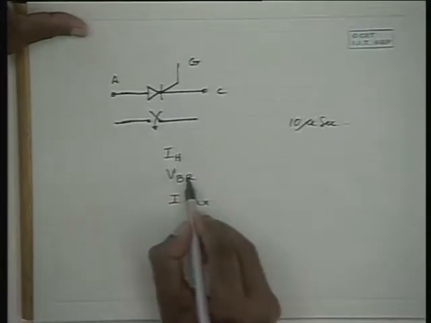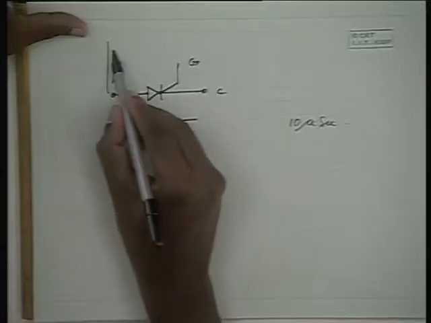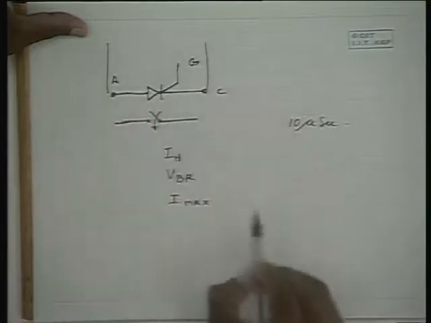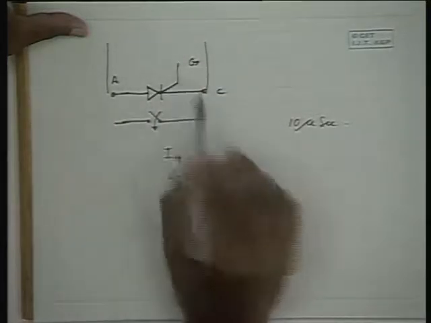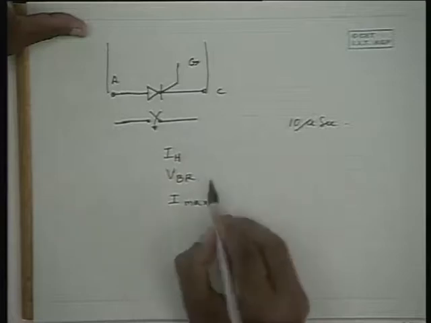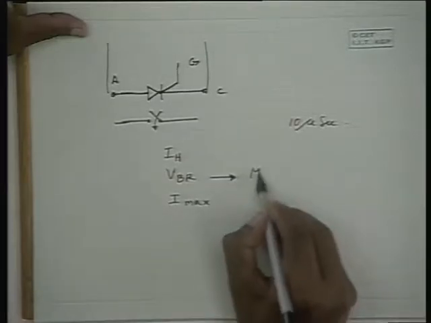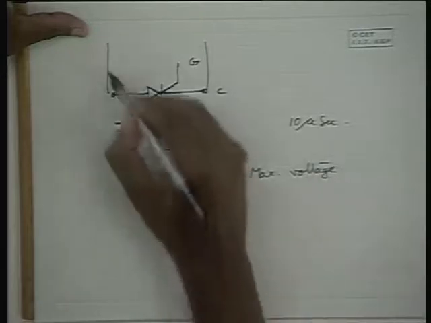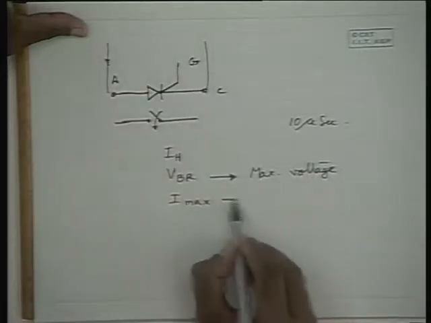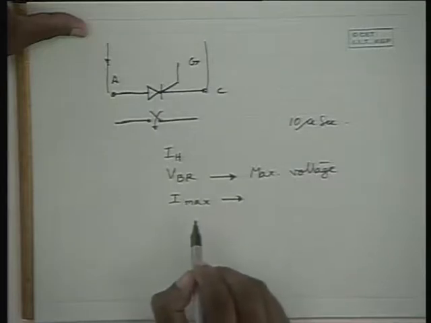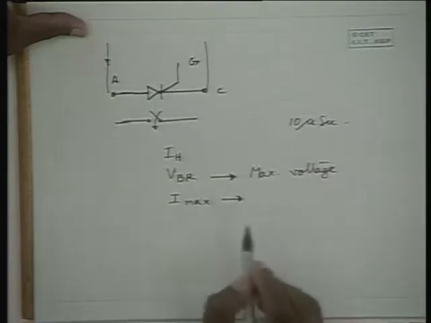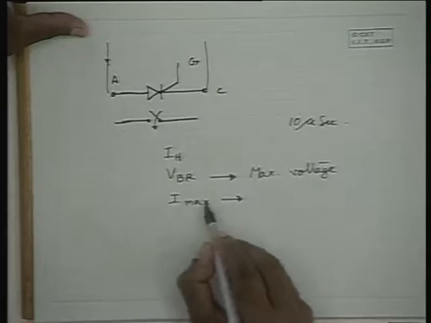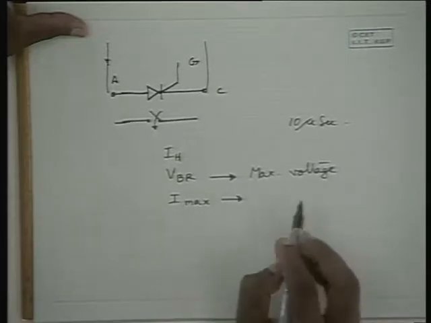VBR, the breakdown potential, is the maximum voltage that can be applied across the device without turning on the circuit. There is a maximum current that can be passed through this device without harming the device.